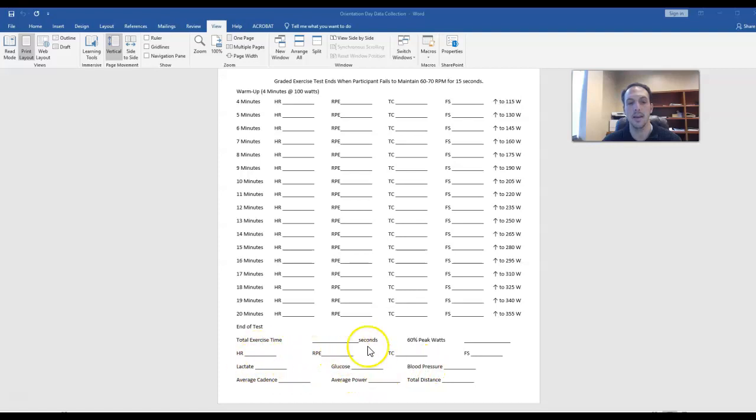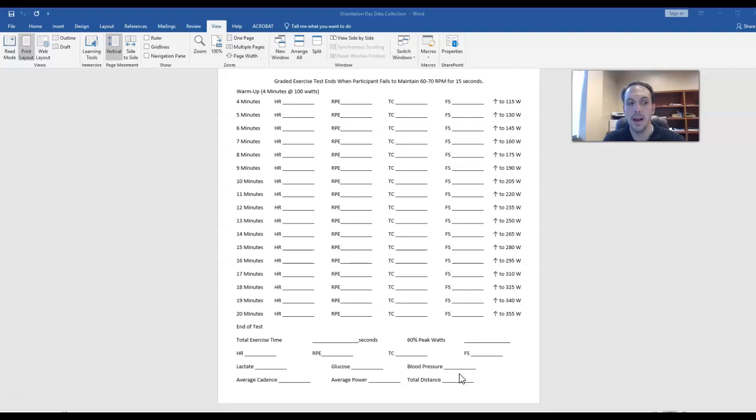So we've got lactate and glucose measures from lactate and glucose meters, their blood pressure from an automatic blood pressure cuff, their average cadence, average power, and total distance comes from the exercise bike. And so all of these different things are things that we can analyze.